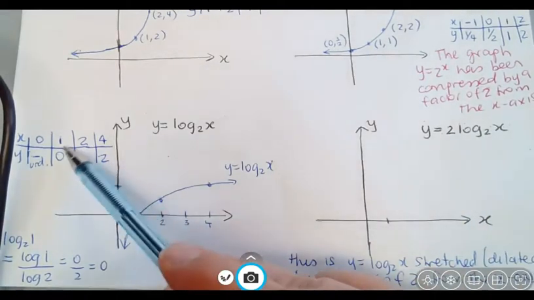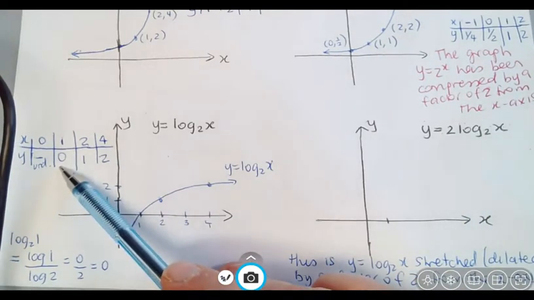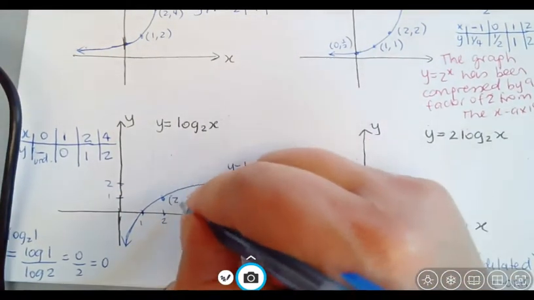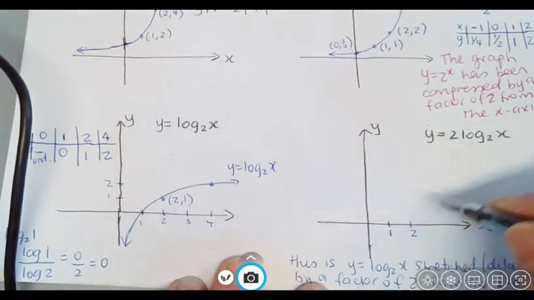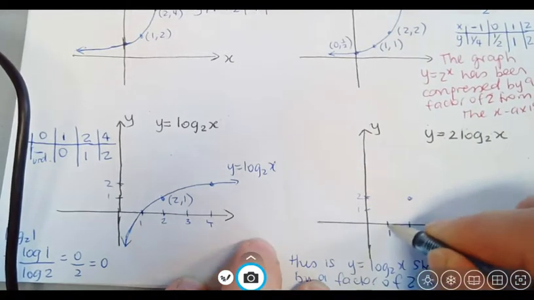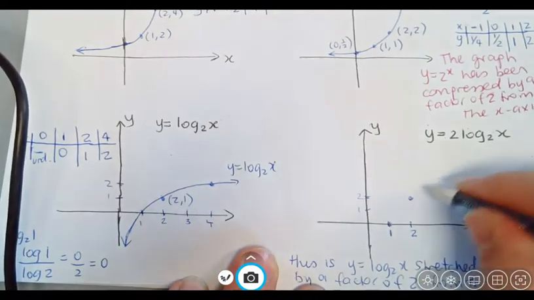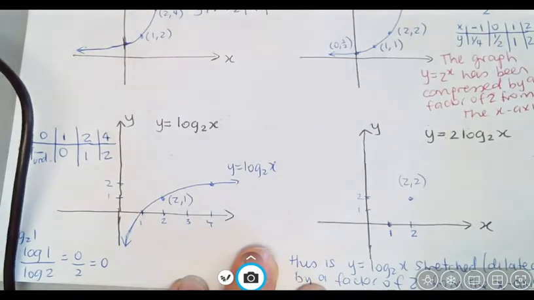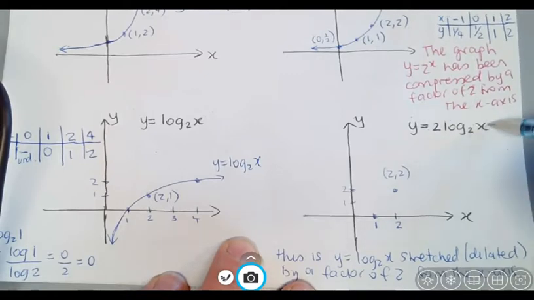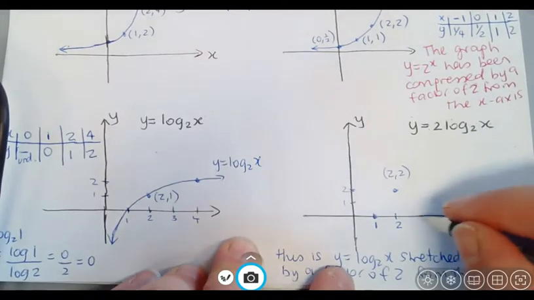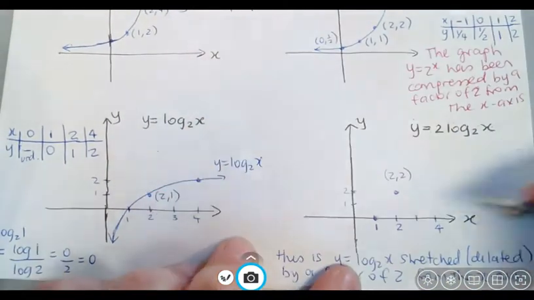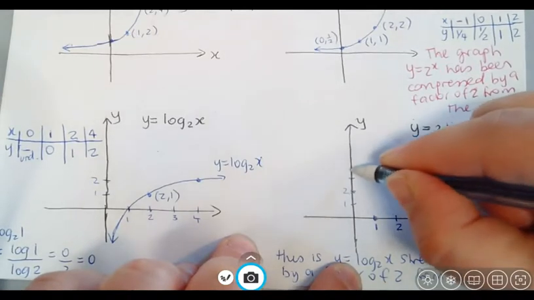When x is 1, we got 0 before, and 2 times 0 is 0. When x is 2, before we had the point (2, 1), because this has been stretched vertically, we will now have the point (2, 2). So we've got the point (1, 0) and we've got the point (2, 2), but you can check. When x is 2, log to the base 2 of 2 is 1, 2 times 1 is 2, and when x is 4, before we had (4, 2), now we will get (4, 4).